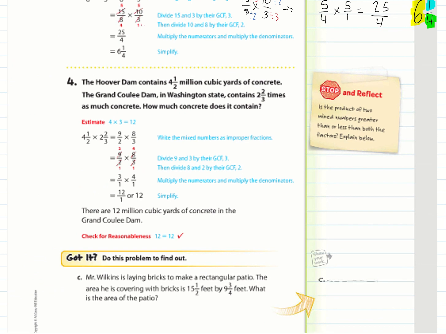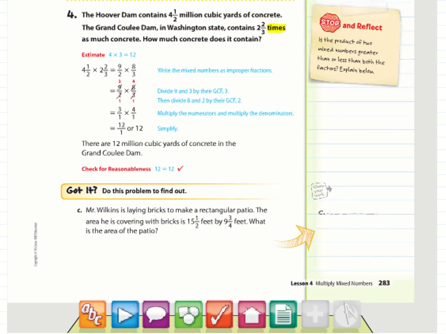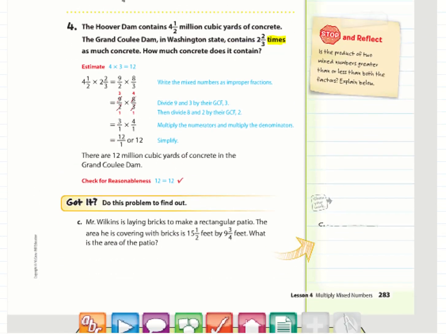So example 4, the Hoover Dam contains 4 1/2 cubic yards of concrete. The Grand Coulee Dam in Washington State contains 2 2/3 times as much concrete. How much concrete does it contain? Well, we do have a hint here that's going to tell us that we're multiplying. So we're just multiplying mixed numbers again.